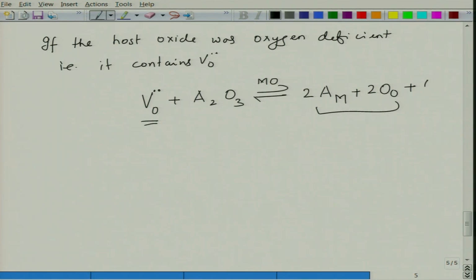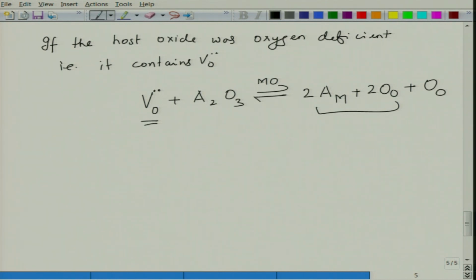This oxygen vacant site can be filled by this oxygen. So, now you do not disturb the site balance. You had one site here, you have filled that site with extra oxygen, and the 2 other sites which were created are balancing each other.